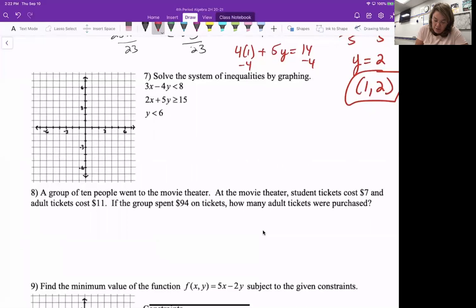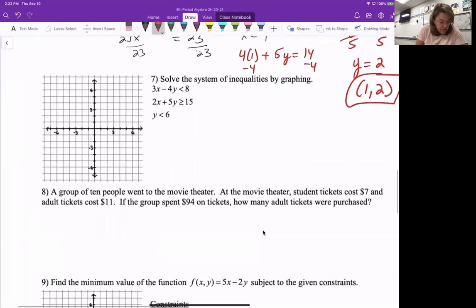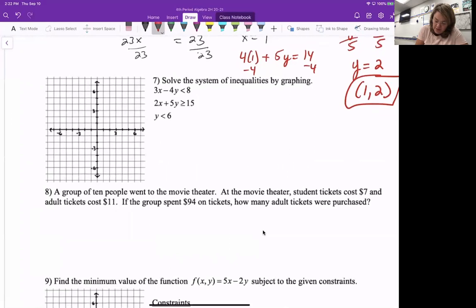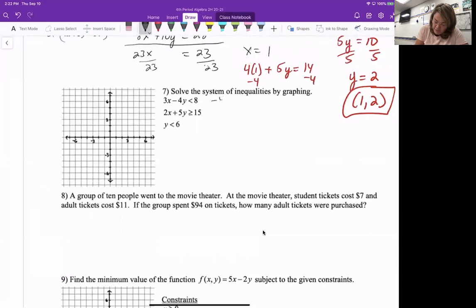Okay, so I'll take this first one and I'll subtract 3x from both sides, and I will get negative 4y less than negative 3x plus 8.